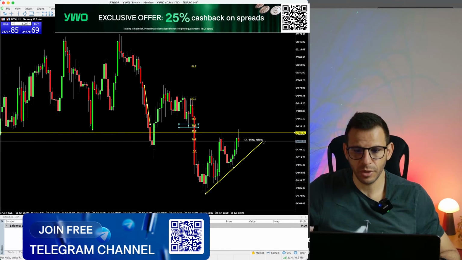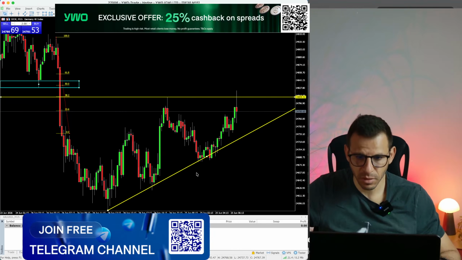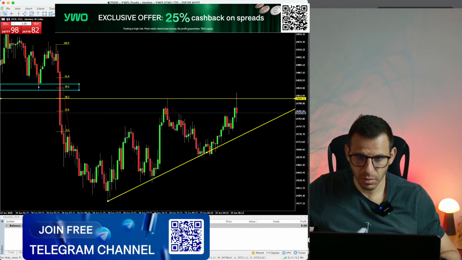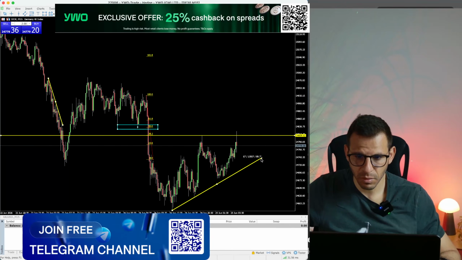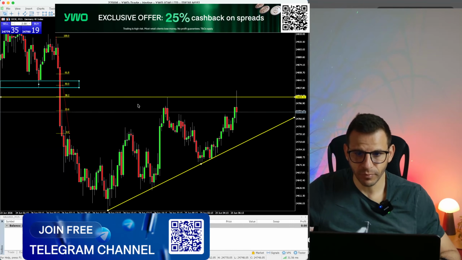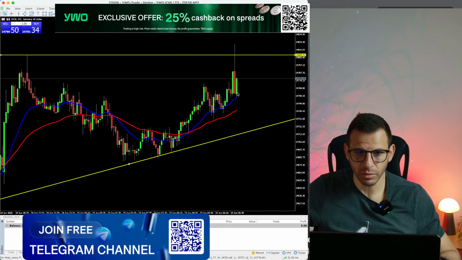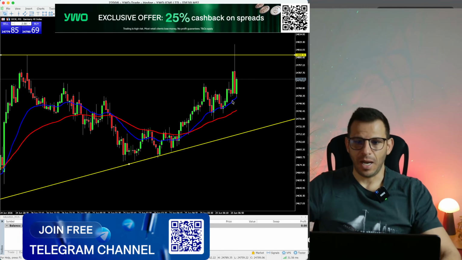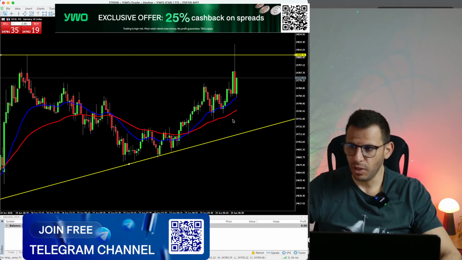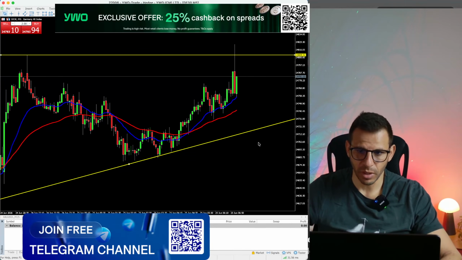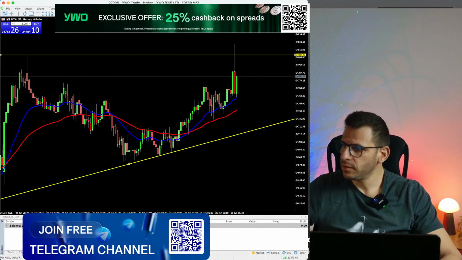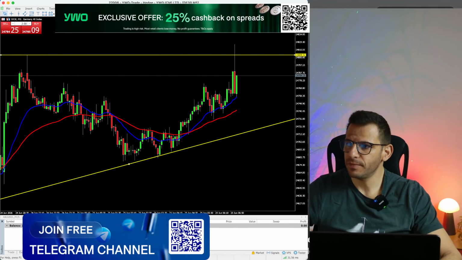Short-term retracement on the hourly, classic retracement. Like this. I prefer to go short on DAX, but upon a break below these lows, only if we're going to get lower lows and lower highs. So these are the plans for today, guys.